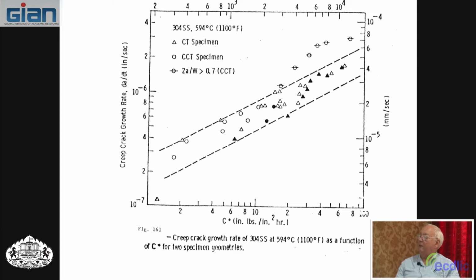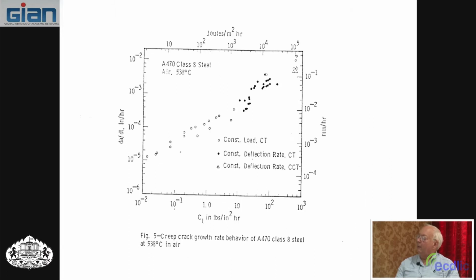It usually has about 18% chrome in it and 12 nickel, something like that. This material is plain steel, but this is a high temperature steel. This is the kind of steel that we used in high temperature steam turbines at Westinghouse. So you can see again, compact and center crack.